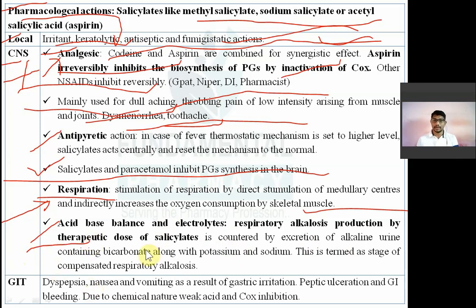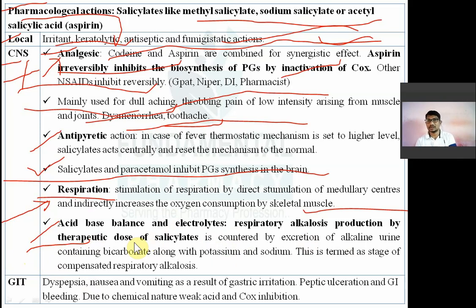Remember, I have already explained this when we were discussing general pharmacology. If you want to remove an acidic drug from your body, you have to alkalize your urine, and if you want to remove a basic drug, you have to acidify the urine.